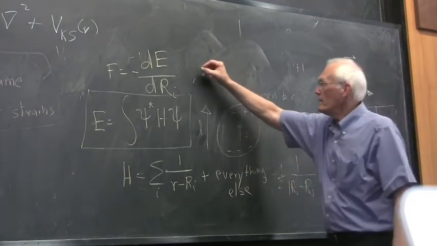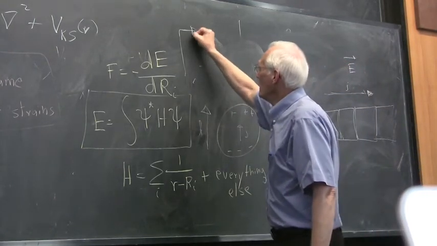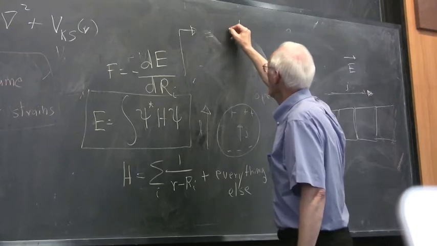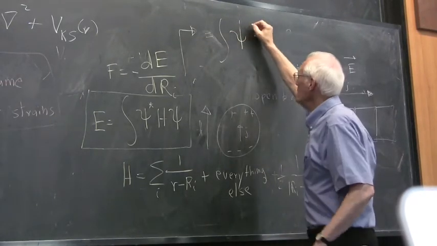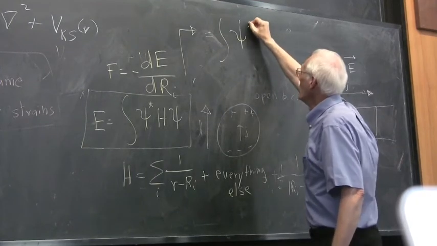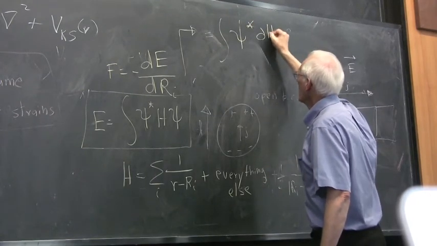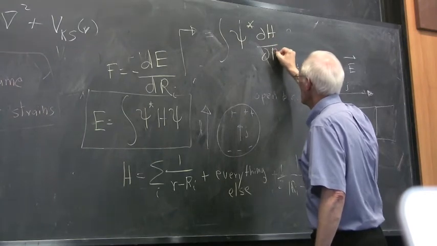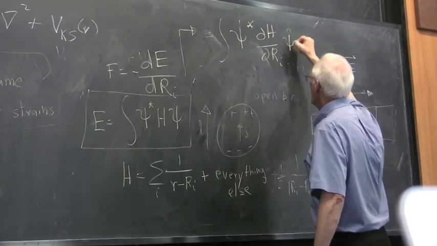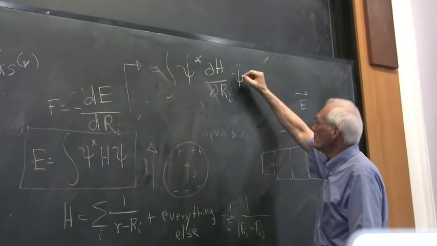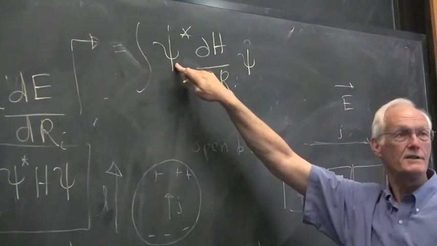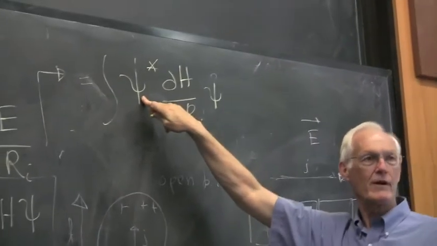But the theorem is that that's equal to the wave function that's unchanged and the derivative of the Hamiltonian with respect to position, where this is the wave function that's not changed at all, just the ground state wave function.